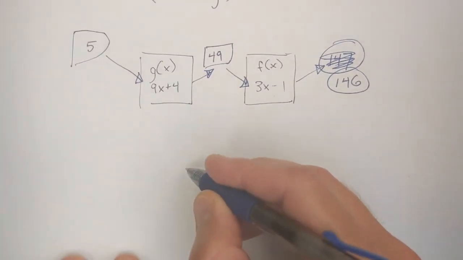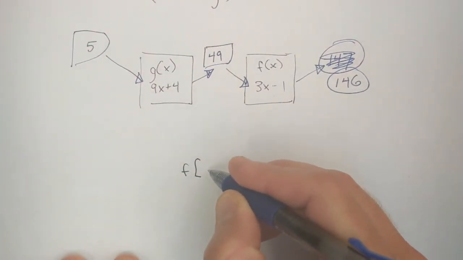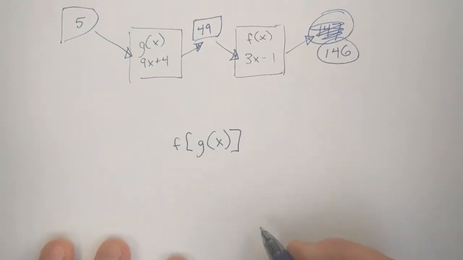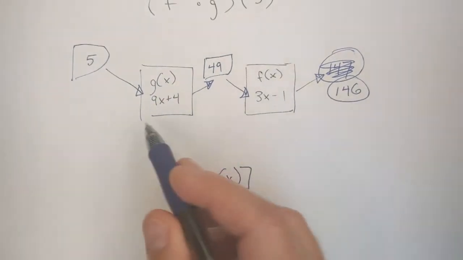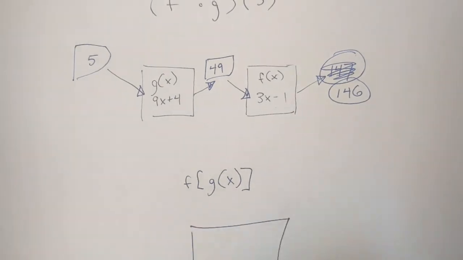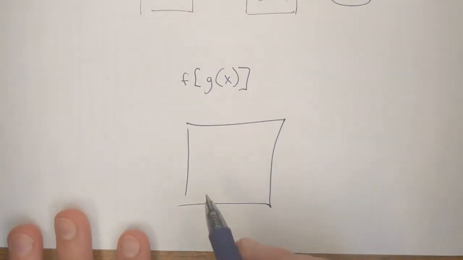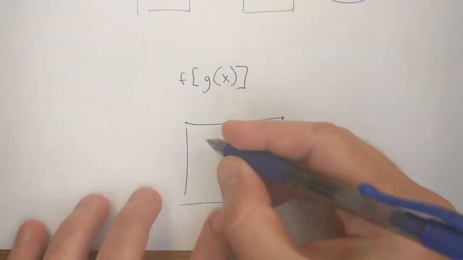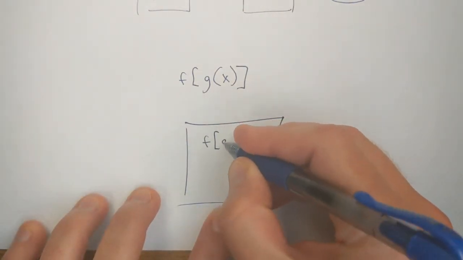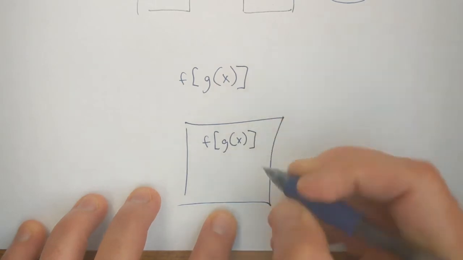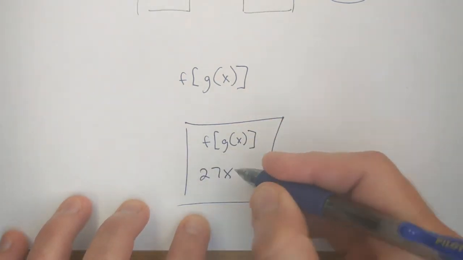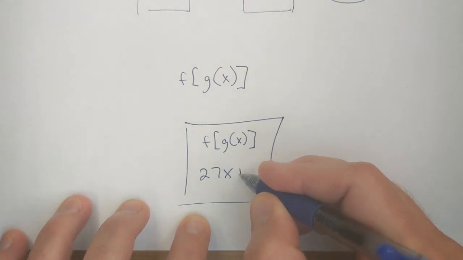Well, when you do a composition, when you find the value of f of g of x, what you're really doing is, instead of having two smaller machines, creating one mega machine that can do the job. It's called f of g of x. And this one mega machine can do the job of the two smaller machines.